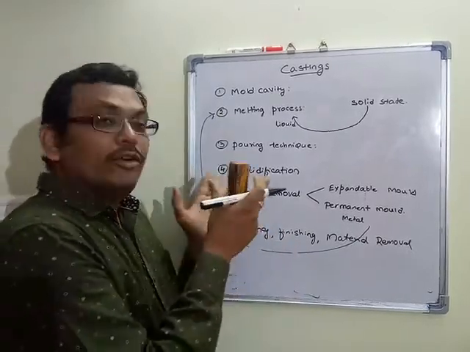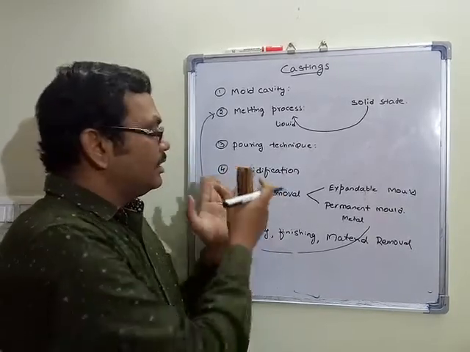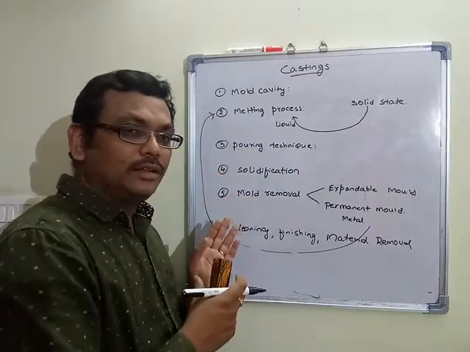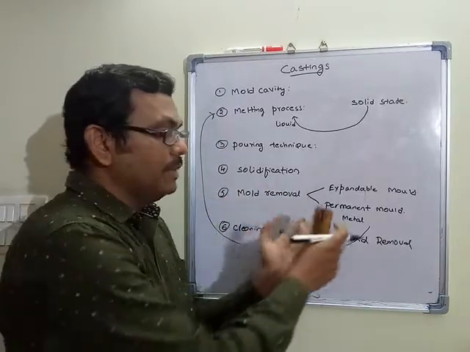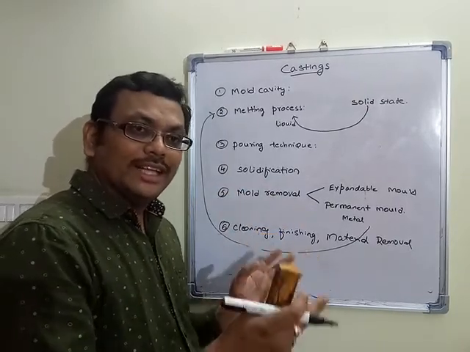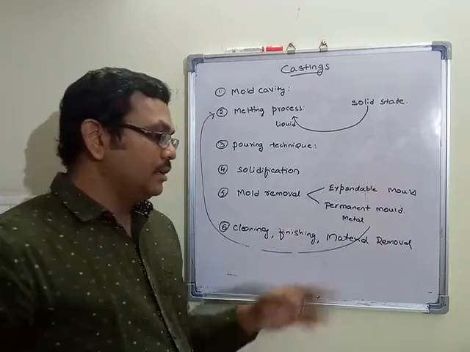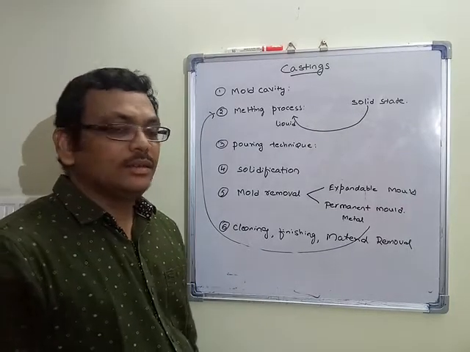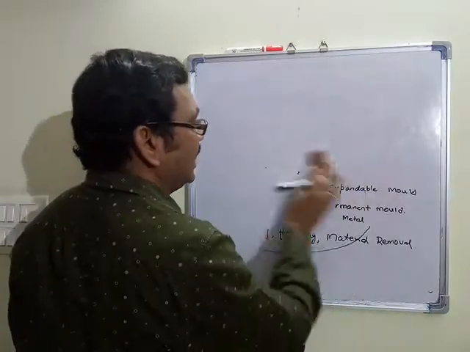After that, we keep that component for some time. Then the solidification process begins, wherein we cool that component. Afterward, we remove the mold, which may be expandable or permanent. Then comes the final output of the casting, on which we perform cleaning, finishing and material removal processes. Right? So these are the steps involved in casting processes.